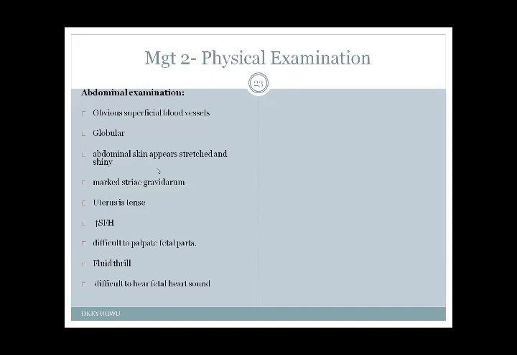The uterus is dense, with increased symphysiofundal height, and it is difficult to palpate fetal parts, definitely because the uterus is dense. Fluid thrill may be positive in cases of severe polyhydramnios, and it is difficult to hear the fetal heart sound as well. And what about the fetal movements? They can be vigorous.